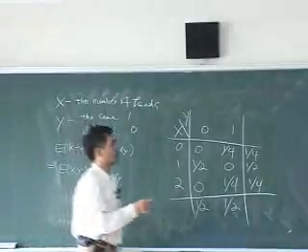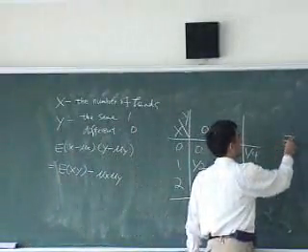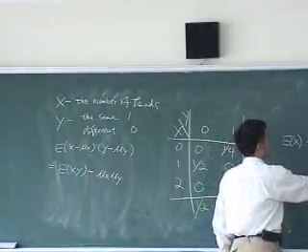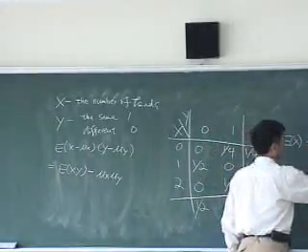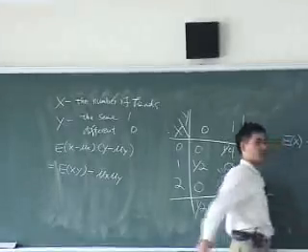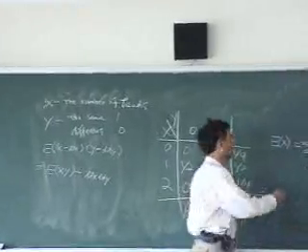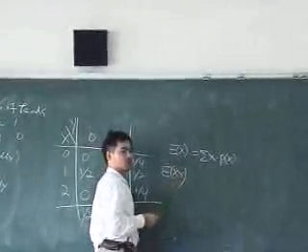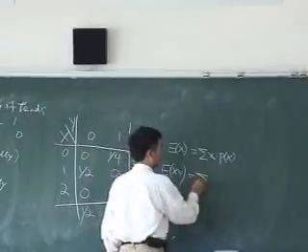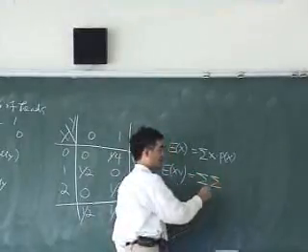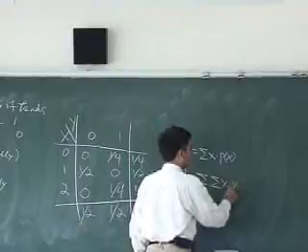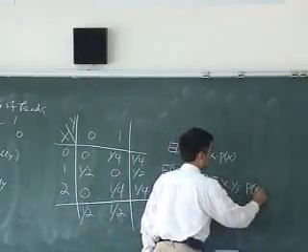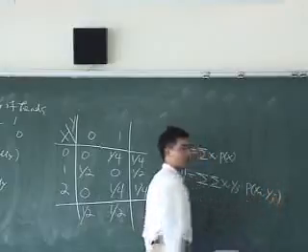So when we have expectation of x, what is that? Summation of x times p(x), right? And what about expectation of xy? Then what do you have? You have the summation of xi times yj times p(xi, yj), right?